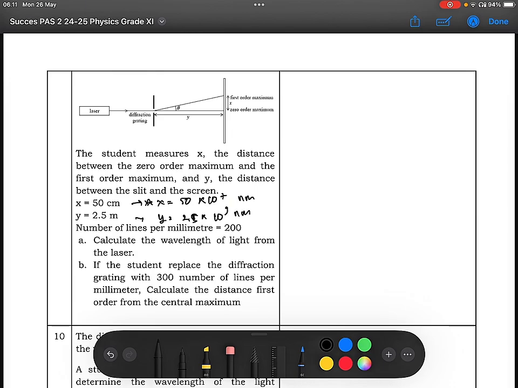I think this is the first order, so m is 1.